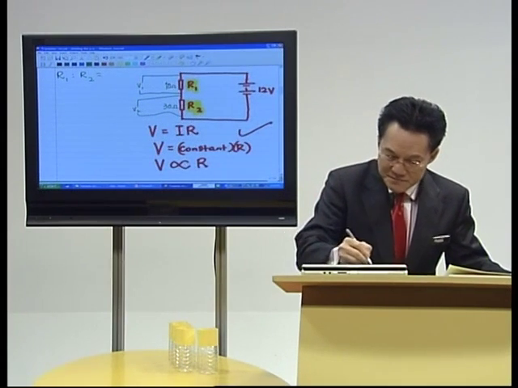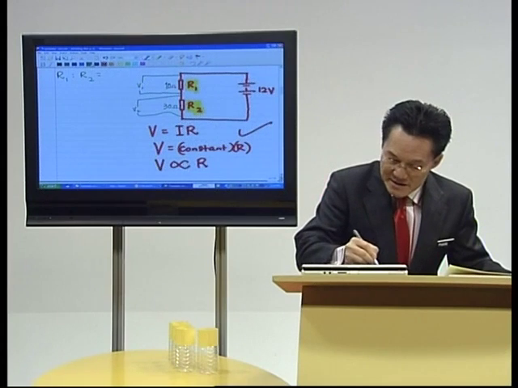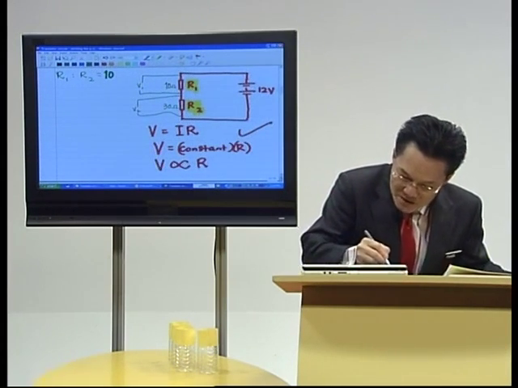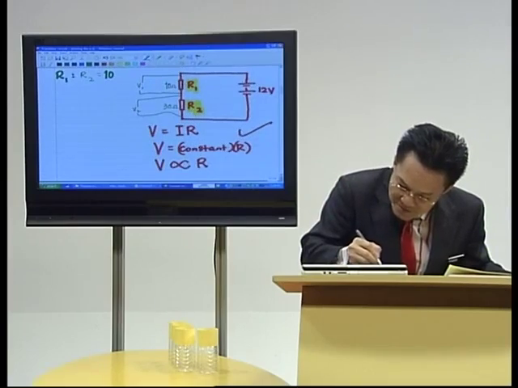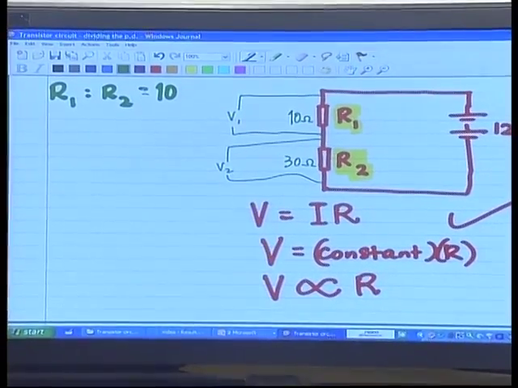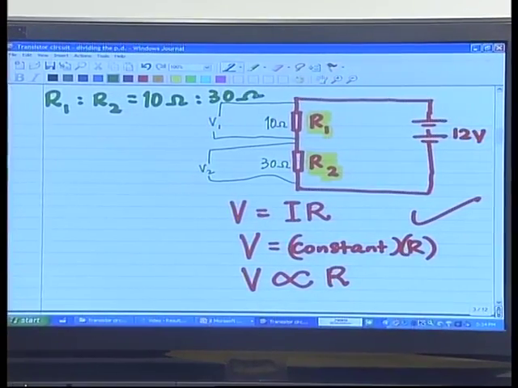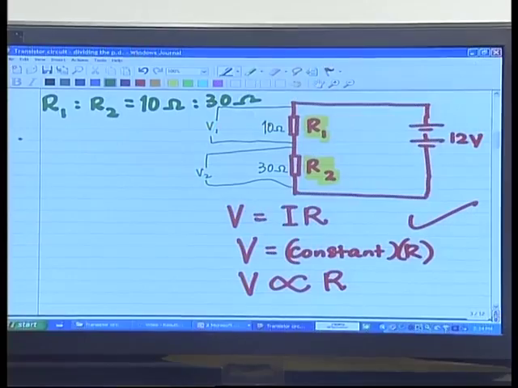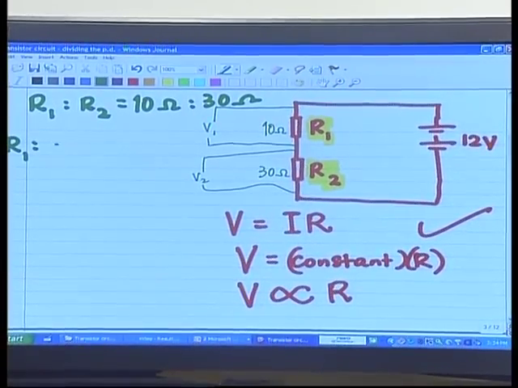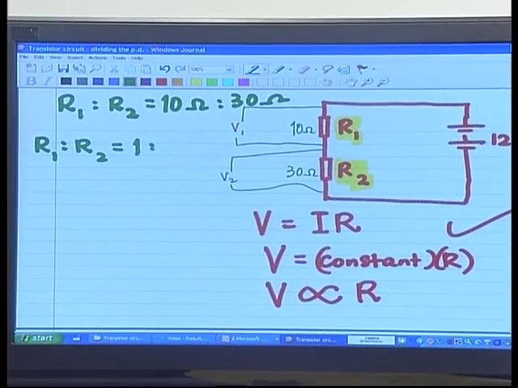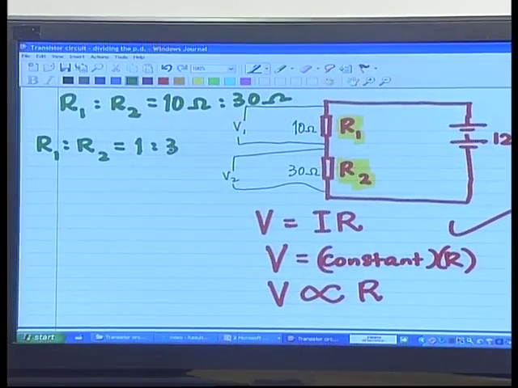Strictly speaking, it is 10 ohms to 30 ohms. Alright? So, in short, R1 to R2 is 1:3.